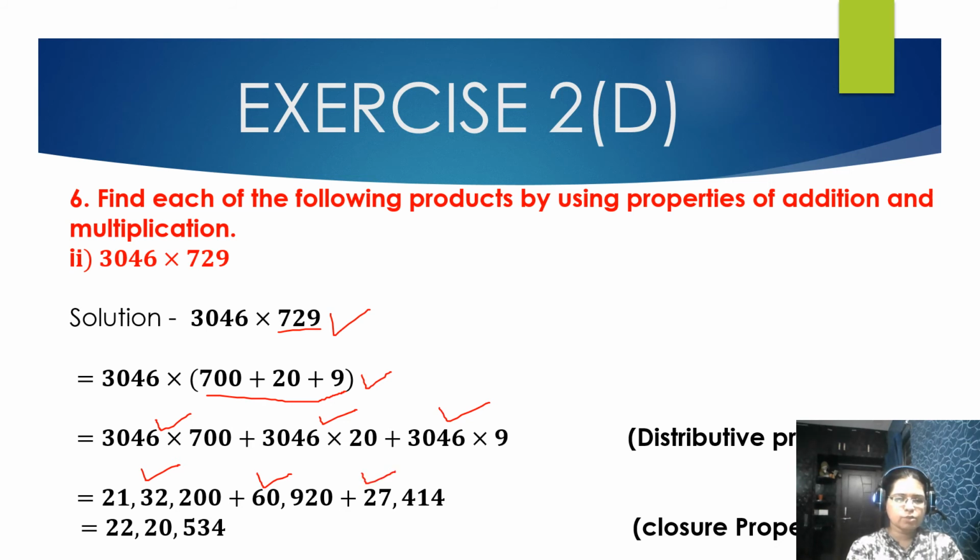Now we add these values. 21,32,200 plus 60,920 plus 27,414 equal to 22,20,534. So we get 3046 multiplied with 729 equal to 22 lakhs 20 thousand 534, that is 22,20,534.